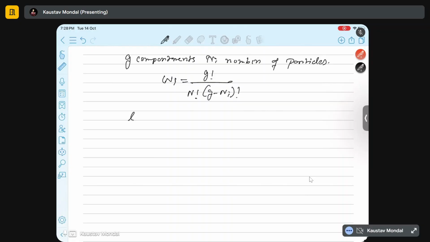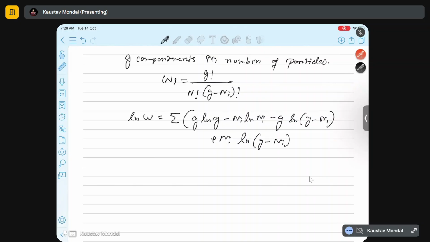First, you have to take the log on both sides. Log W equal to summation. The multiplication is converted into summation of g into ln g minus ni ln ni minus g into ln g minus ni plus ni into ln g minus ni.